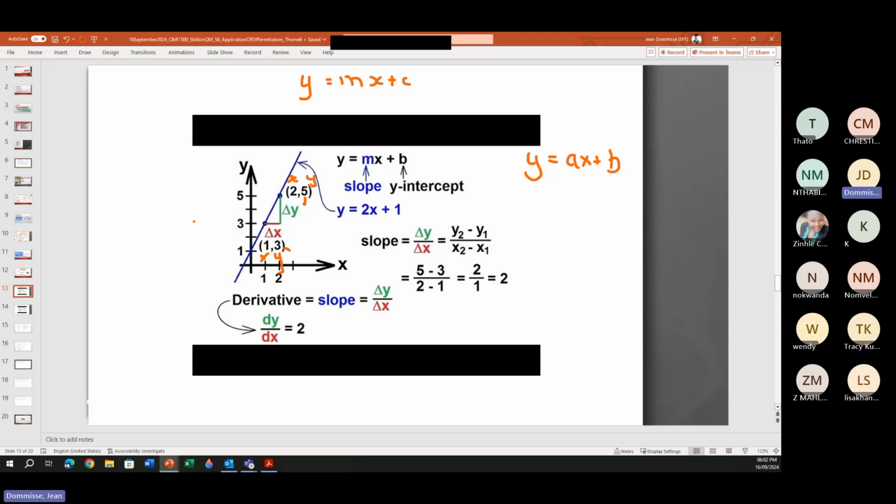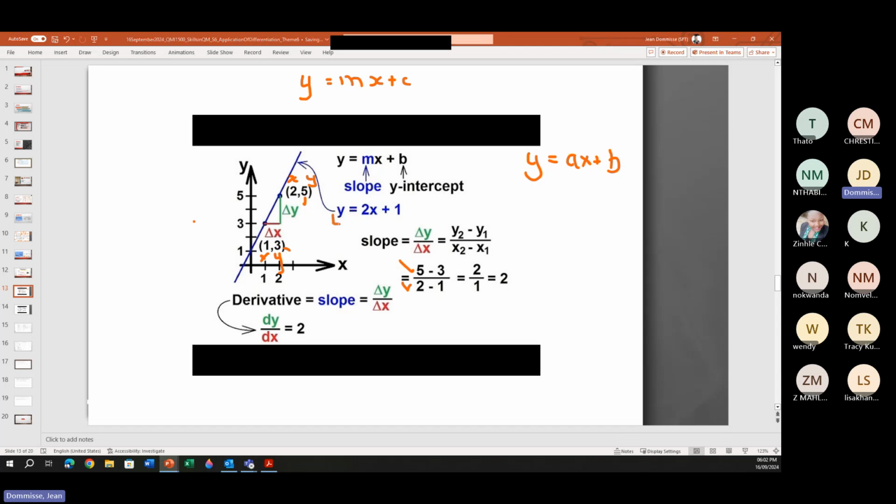So the difference in y is 5 minus 3. The difference in x is 2 minus 1. Okay, so that is how we would work that slope out.